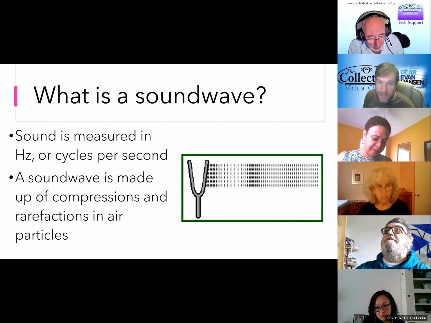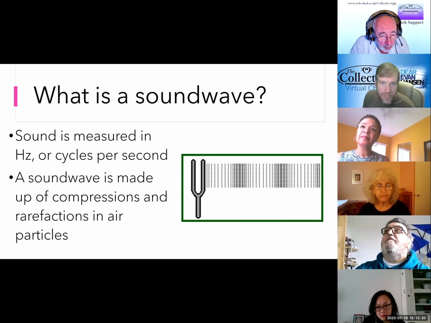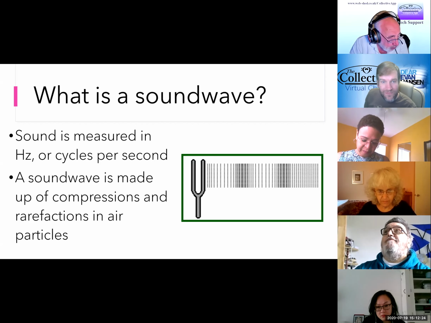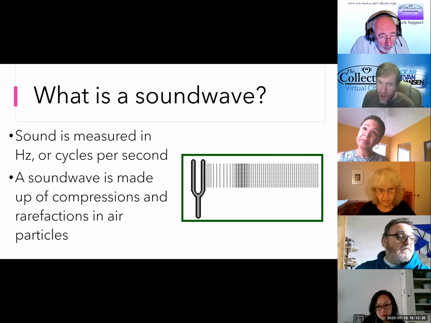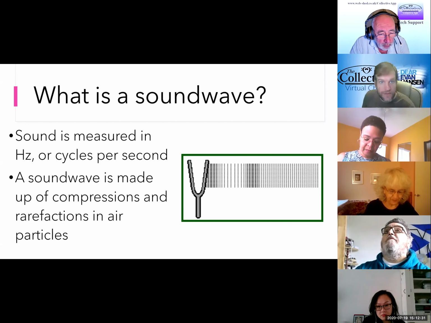In fact, most sounds have multiple frequencies going off at the same time. For example, if I was to drop a brick on the floor, it would not just make one sound. It wouldn't be a pure frequency. There would be lots of different frequencies, and that is what makes the non-musical sound of a brick hitting the floor.